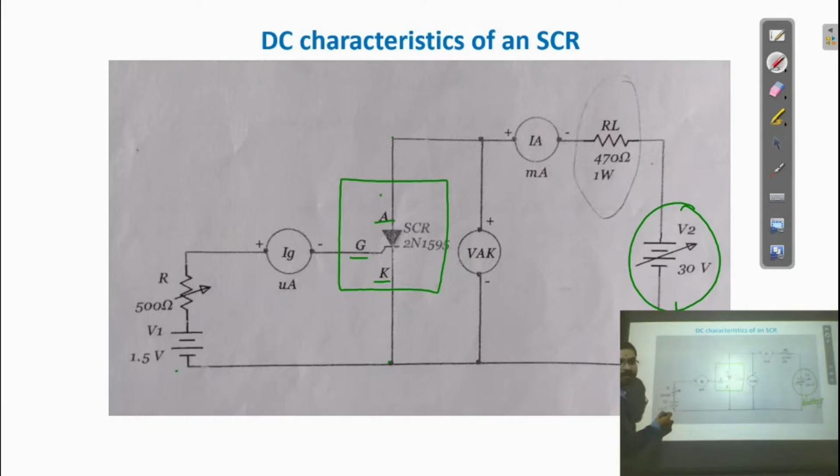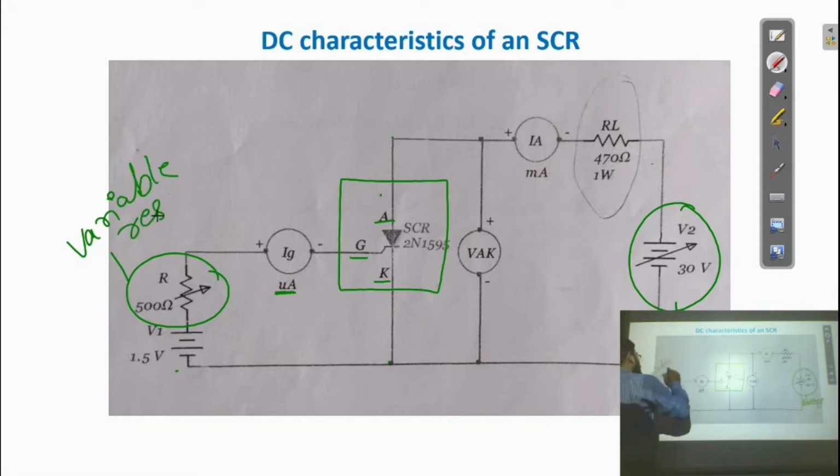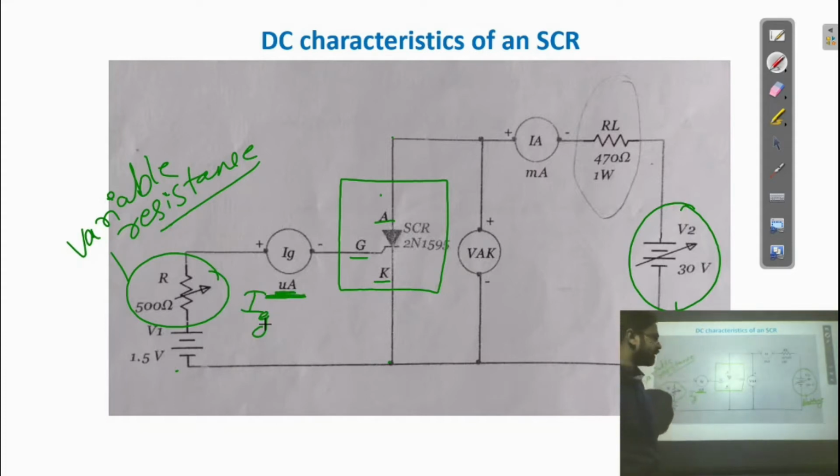A small battery is connected to the gate. Why? Because the gate current is in the order of microampere. The potentiometer, a variable resistance, has been connected to vary the value of Ig, that is gate current, right?